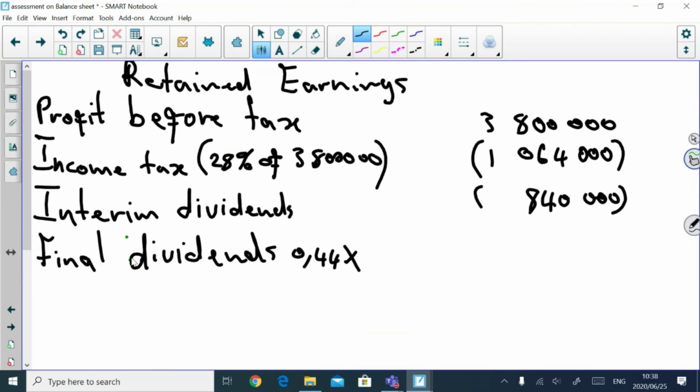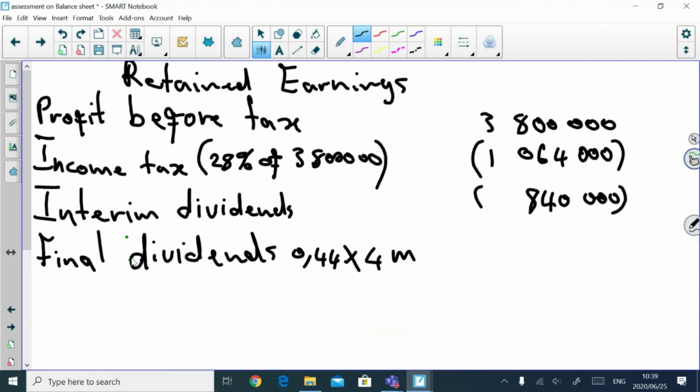So we won't say only the 3.8 million shares qualify to be paid dividends, but all the shares that were issued, even the repurchased ones, they also received dividends. So we'll say 4 million shares.